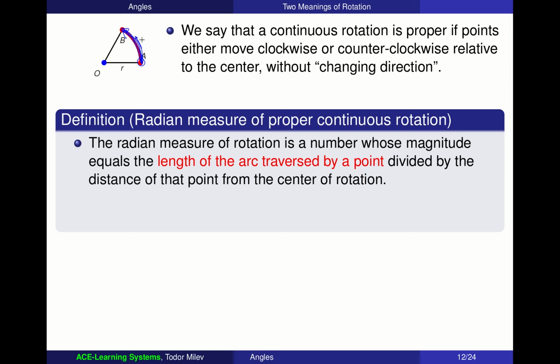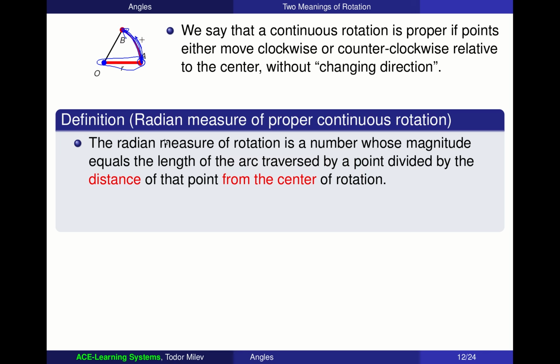So I'm taking the length of that arc, and I'm dividing that length by the distance between the point and the center of rotation. So this is my radius here, my number r, that's the distance between the point A and the center of rotation. So that number r, I'm dividing by it.